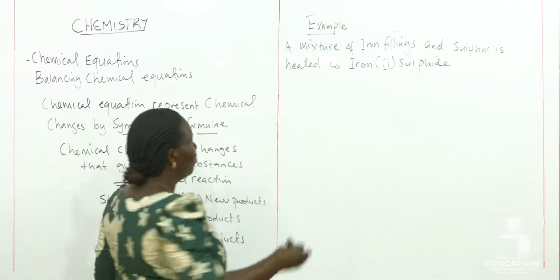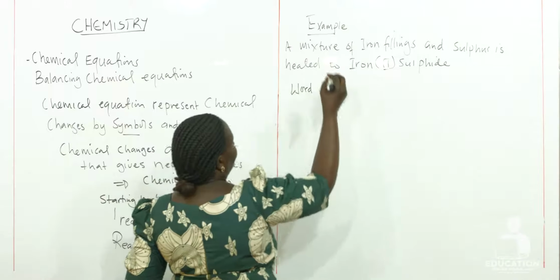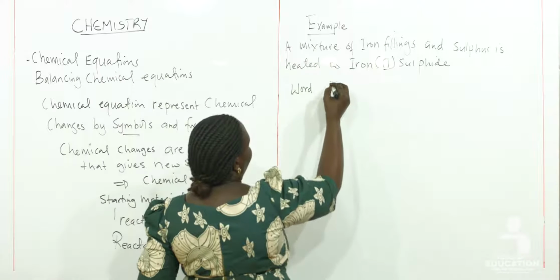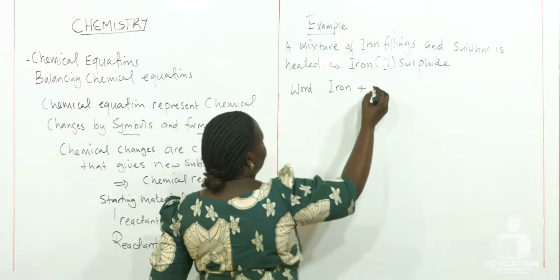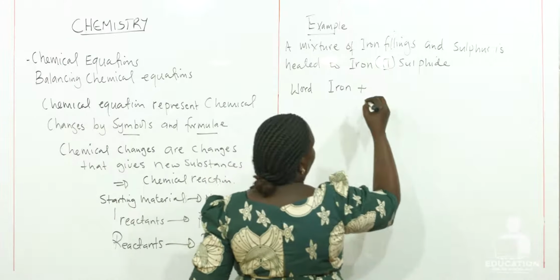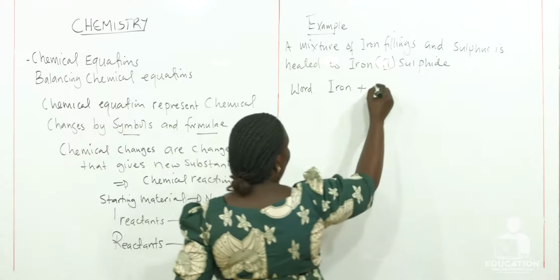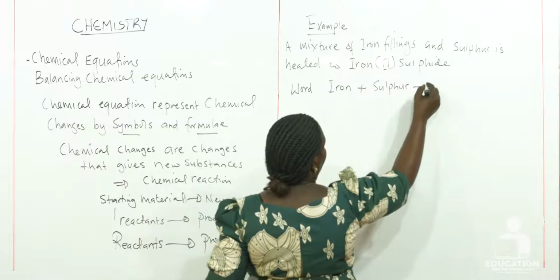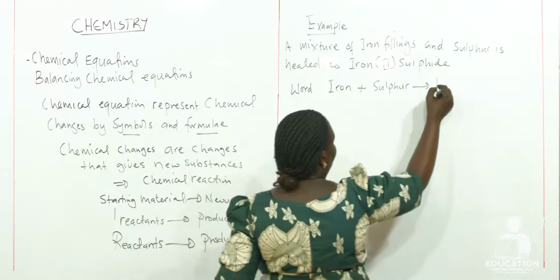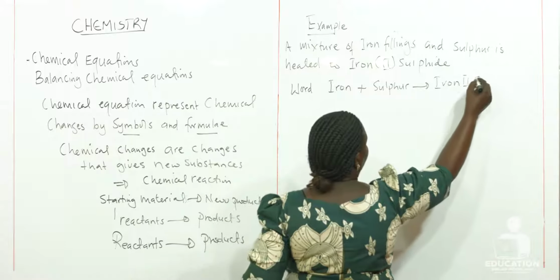In a word equation, we can say iron plus sulfur gives us iron 2 sulfide.